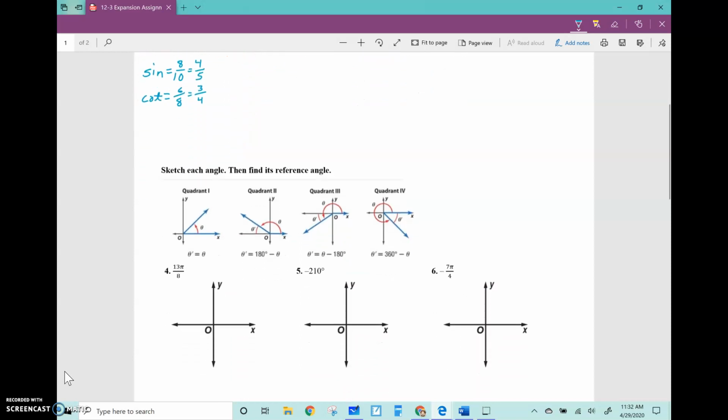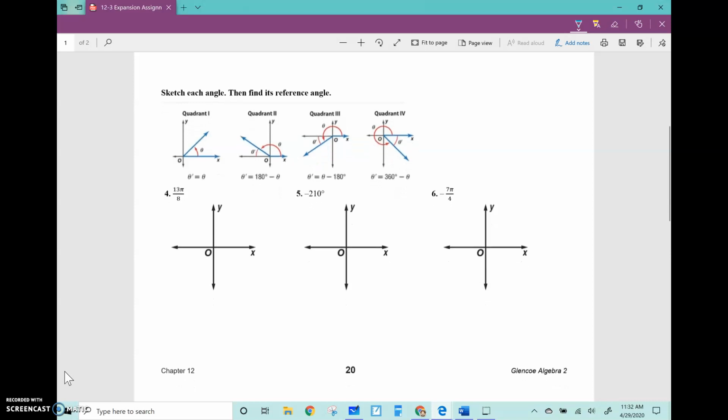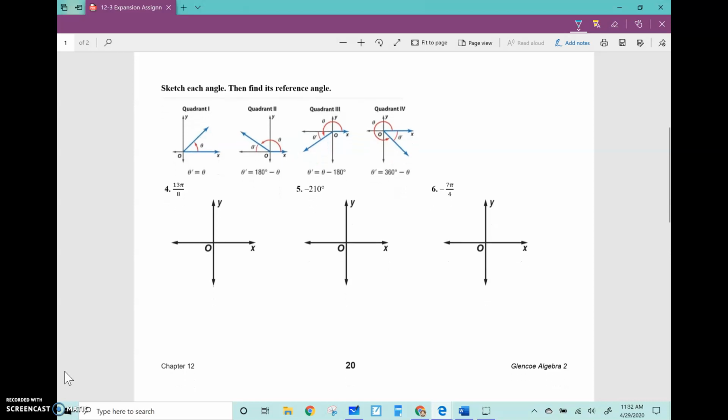All right, the next section was finding its reference angle. So I'll do the one that's in radians. Of course, we want to convert by multiplying by 180 over pi, so we can get rid of that pi, and we end up with 13 times 180 over 8.